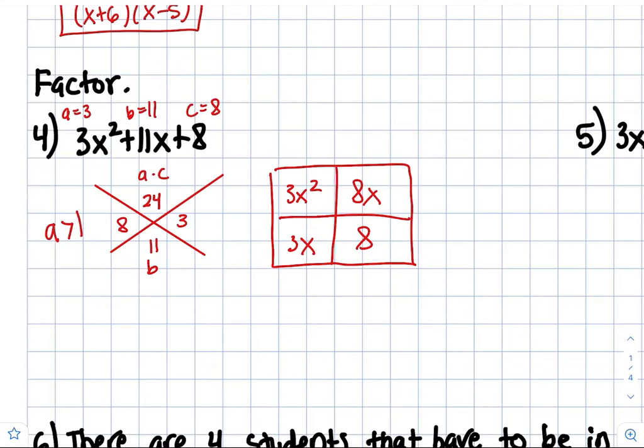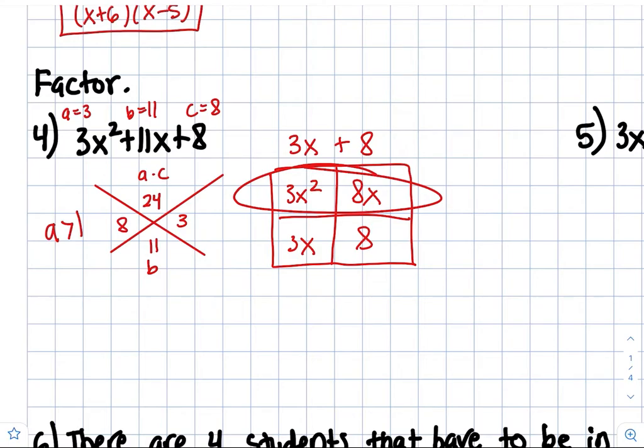So now you factor the columns and you factor the rows. For this column, you can factor out an 8, because 8 goes into 8 and 8. For this column, you can factor out a 3 and an x. You can pull out a 3 from both of them, and you can pull out one x from both. Now look at this row.